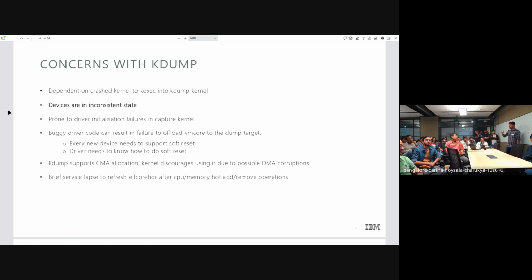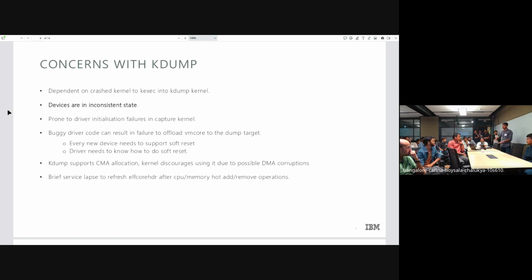On a real, big system, we are reserving anywhere around 2 to 4 GB, and that is not available during the whole production kernel boot. So there is a solution to that: reserve it as a CMA region. CMA can be used by user space processes if you mark the region as CMA.